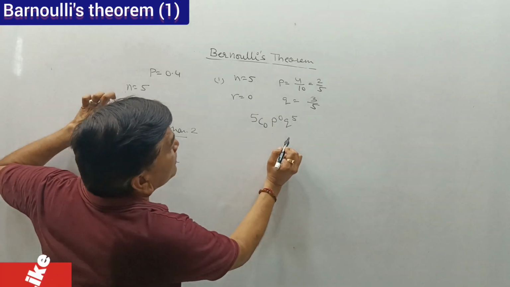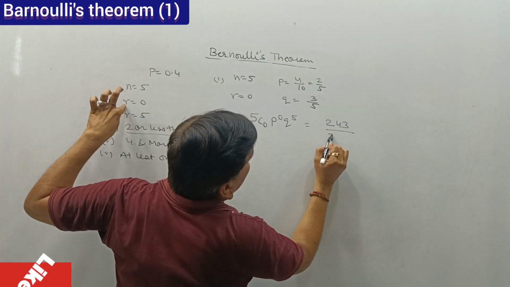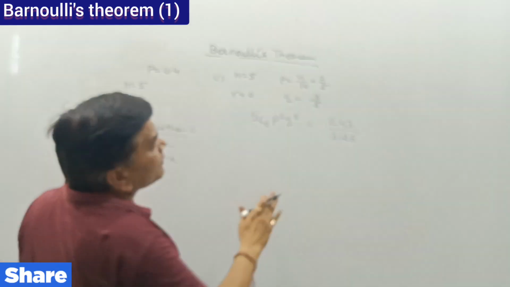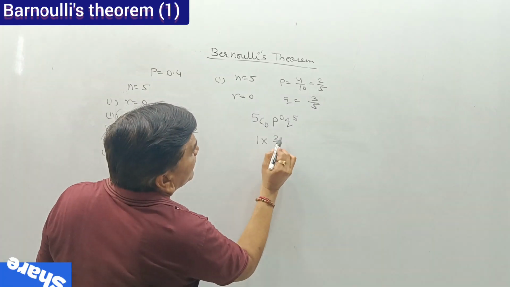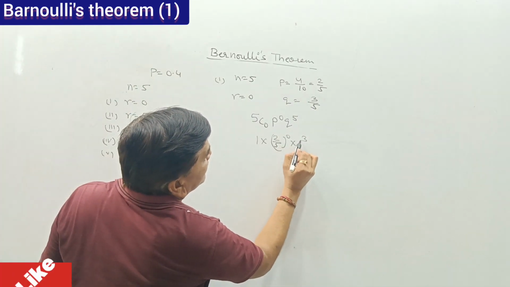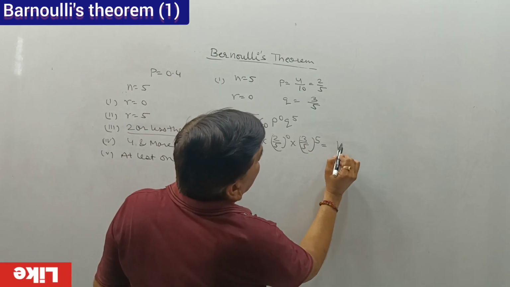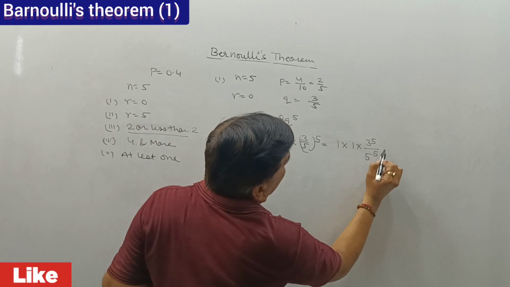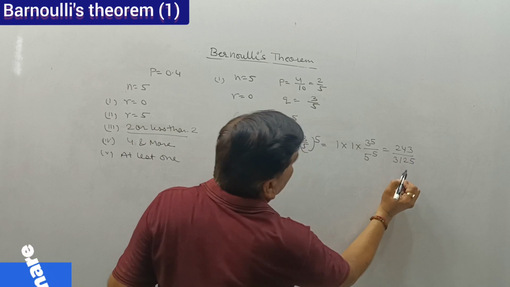We have already calculated this, that is 243 divided by 3125. Or we can calculate 1 multiply (2 by 5) raised to power 0 multiply (3 by 5) raised to power 5. So this will be 1 multiply 3 raised to power 5 upon 5 raised to power 5, that is 243 upon 3125.